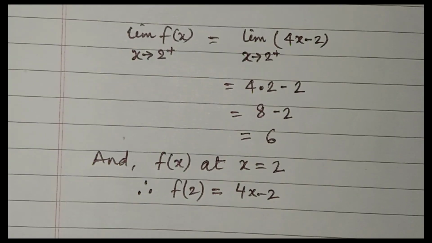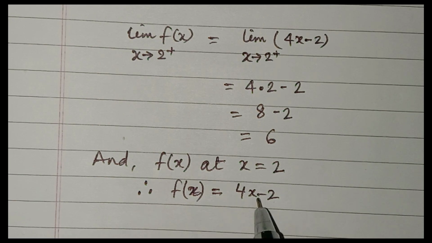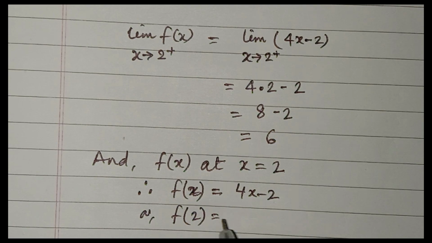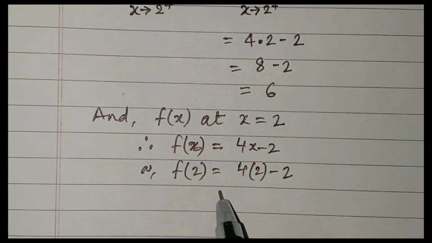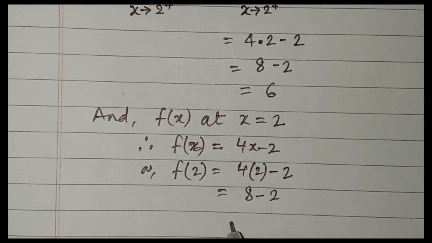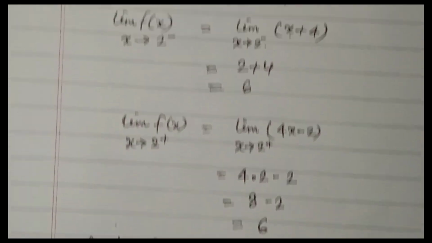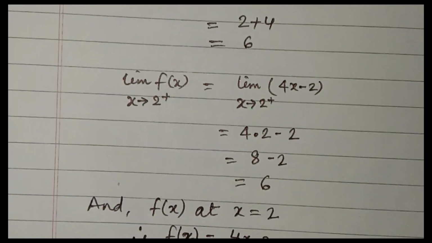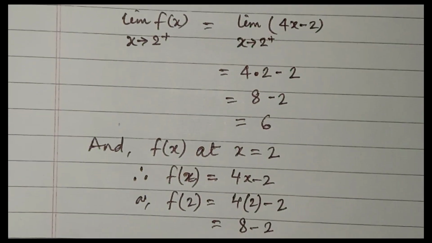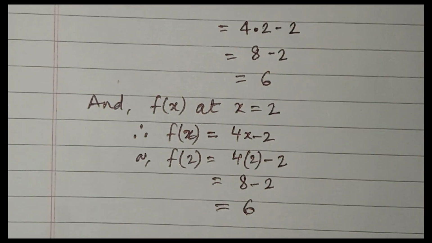So f of 2 is 4 times 2 minus 2, and from here I get 8 minus 2, which is going to be 6. Now we see that the left hand limit is 6, the right hand limit is 6, and the functional value is 6.